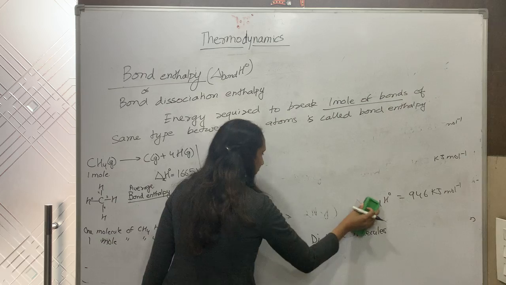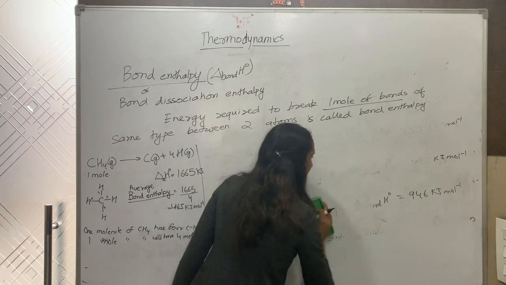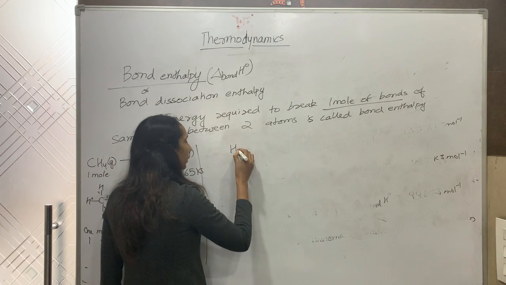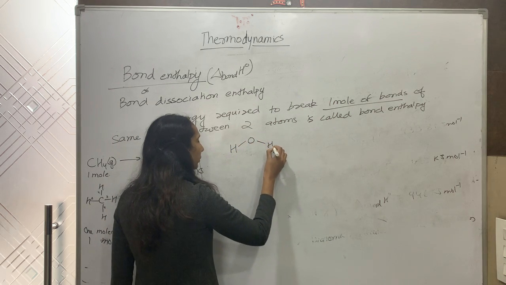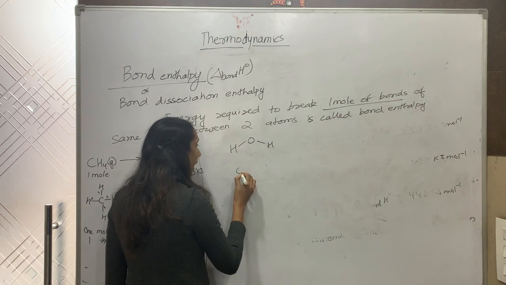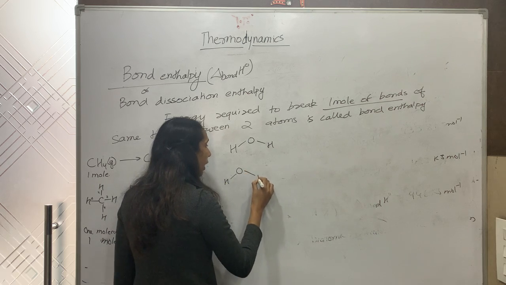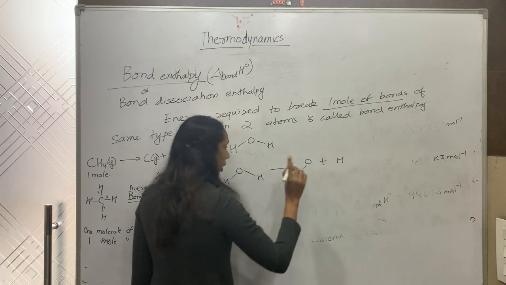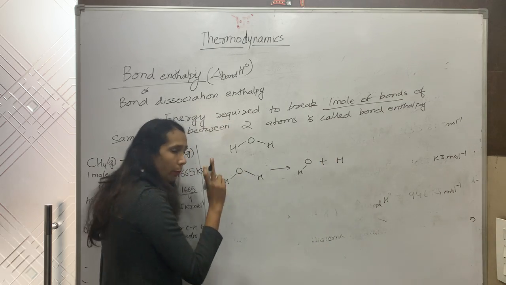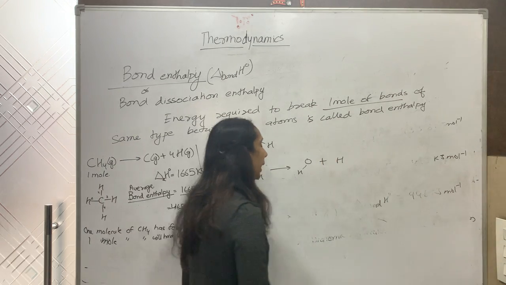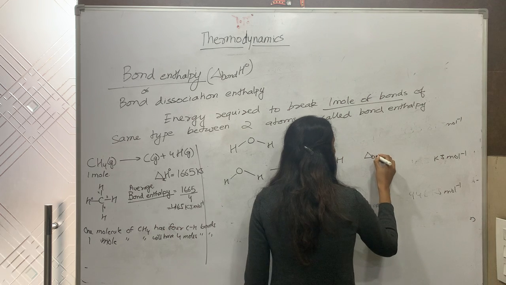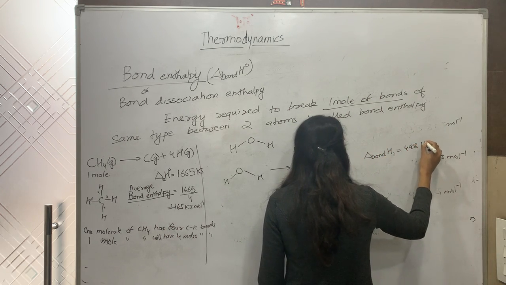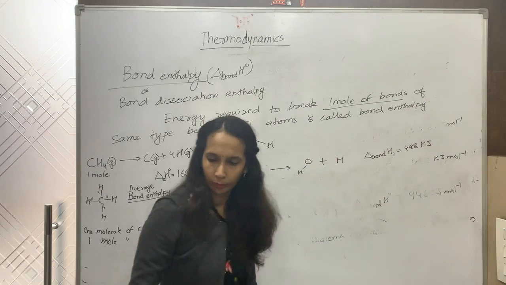I take water, H2O. Now when the first bond breaks, it forms OH plus H. So you can see 1 mole of O-H bond has broken. The energy required for it, bond enthalpy 1, is 498 kilojoules.